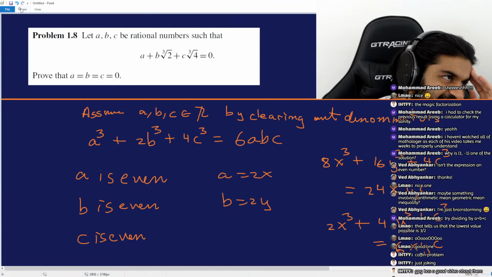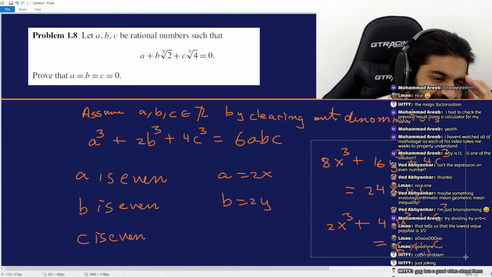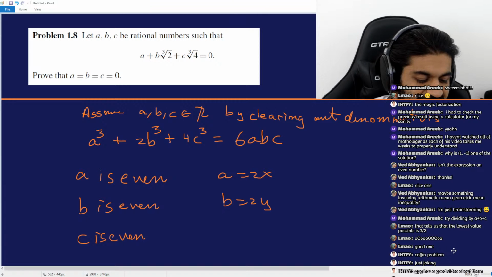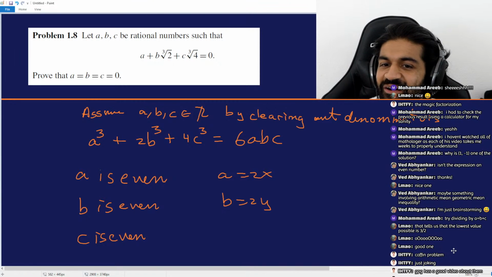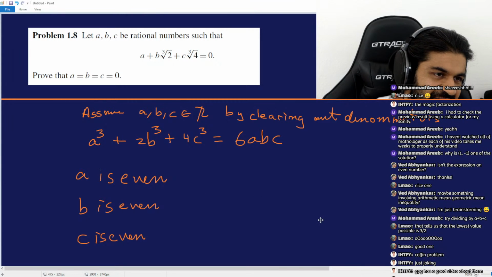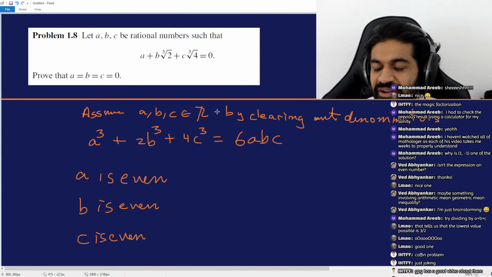But that means you didn't clear... This is a problem, because you can clear denominators in a way where a, b, and c are not all even. I don't know, it's kind of an ugly thing, but that actually does it for you. That gives you a contradiction, right? Because you can clear out denominators so that at least one of them would be odd.